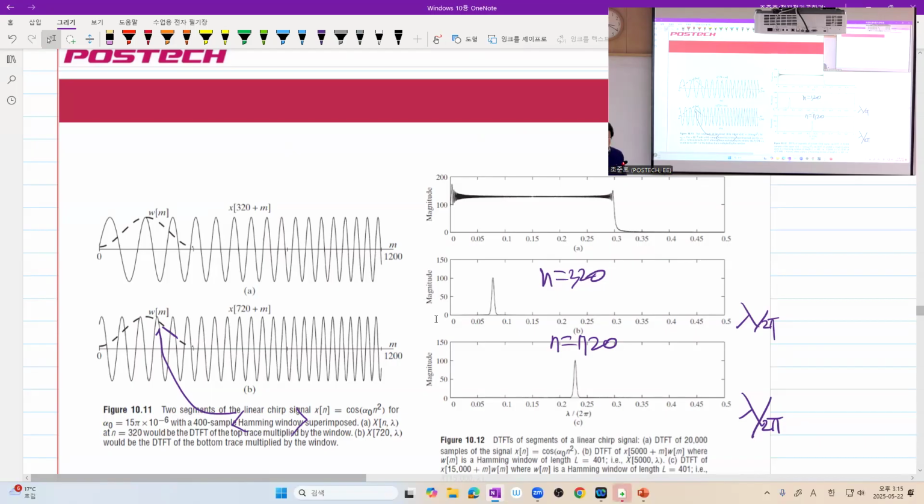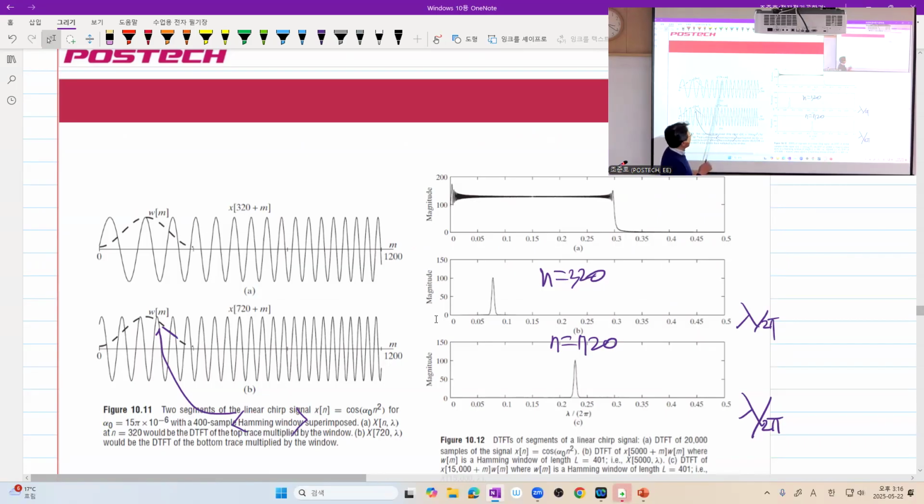And we may interpolate the signal. Then we have, this is the original spectrum, DTFT, of the original signal without windowing. And this is what? When n equals 320, the nominal frequency is around 0.07, right? At n equals 720, we have higher frequency.